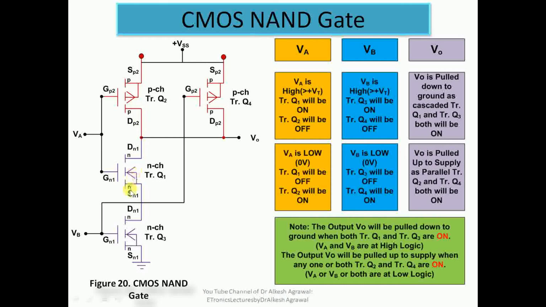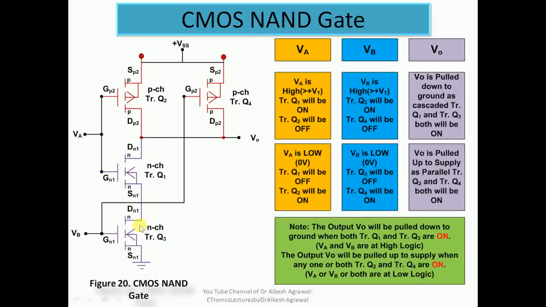And here what you have to remember is, for the second CMOS configuration, the N channel transistor is connected in cascaded form to the N channel transistor of the first CMOS inverter.